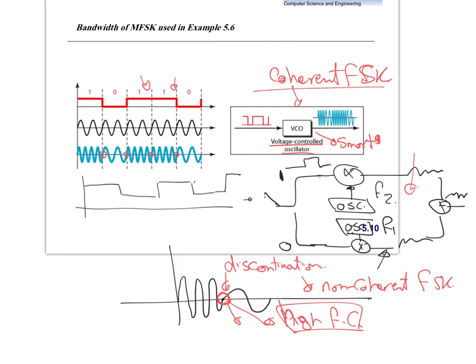The coherent FSK has more spectral efficiency compared to the non-coherent FSK. Is that clear? So in practice, that's what we do. We create the composite signal for FSK using coherent FSK with the voltage controlled oscillator. Is that clear?